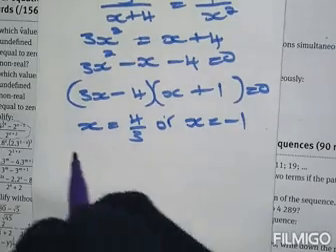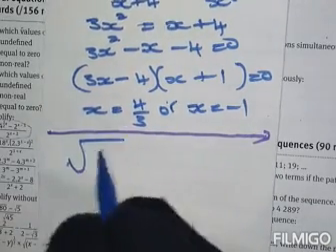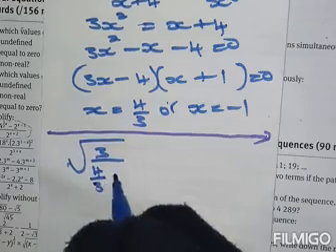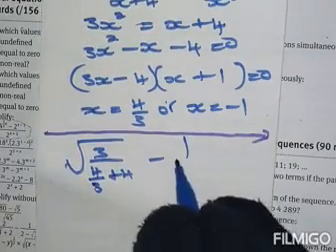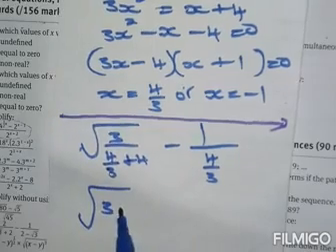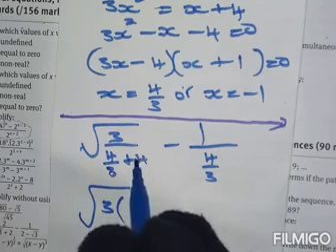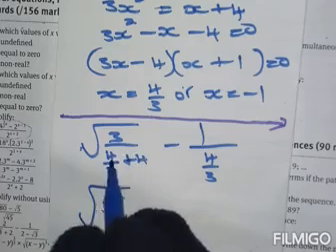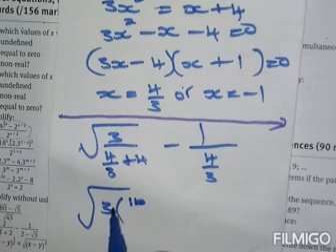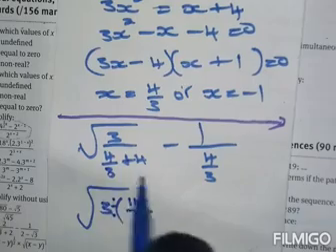So let's check our values to find out if they are correct. For example, if we substitute 4 over 3 into the square root of 3 divided by x plus 4, minus 1 over x, working this out, we have 3 times 4 is 12, and 12 plus 4 is 16. Therefore we divide by 16 over 3.